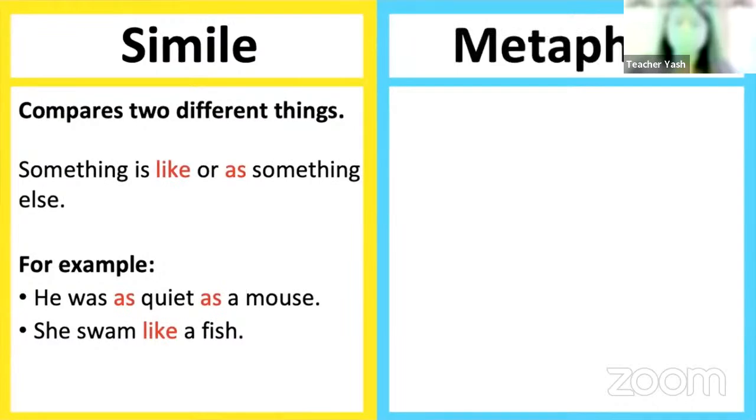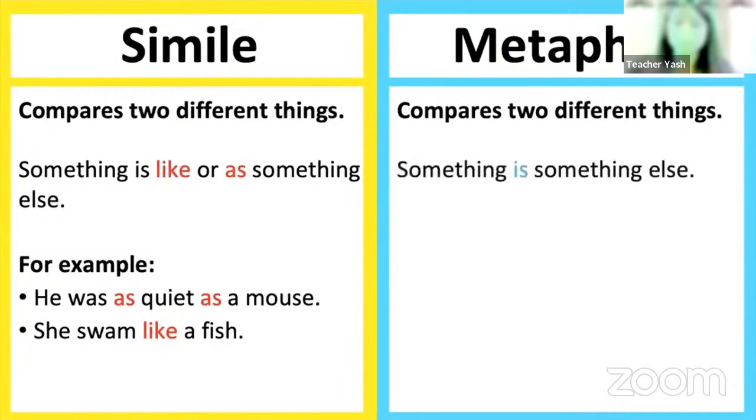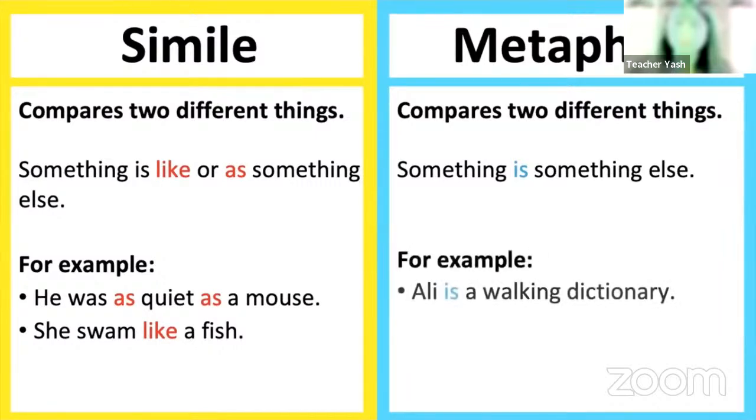Metaphor. A metaphor compares two different things. When we use a metaphor, we say that something is something else. So essentially, it describes an action or an object in a way that isn't literally true. For example, Ali is a walking dictionary. In this example, of course we know that Ali isn't a dictionary.